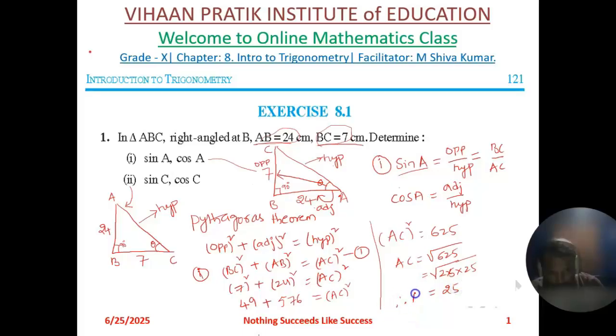Therefore, the side AC equals 25, which in other words we can say the hypotenuse equals 25 units or 25 centimeters. Okay, right. Now we need to find out sin A, which is opposite by hypotenuse, BC by AC. Here BC is given, AC is 25. Cos A equals adjacent by hypotenuse. Right, we'll find it out.